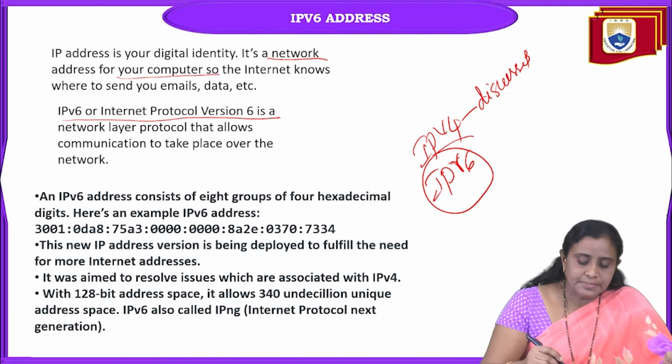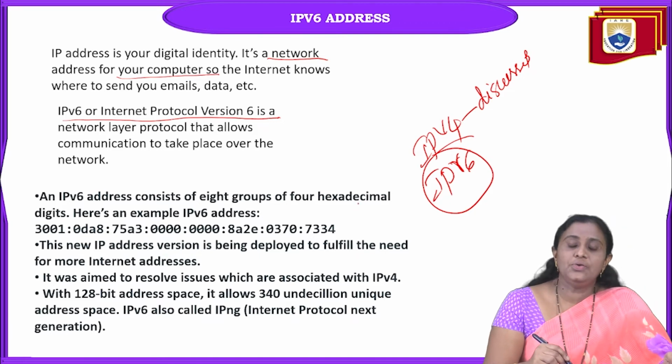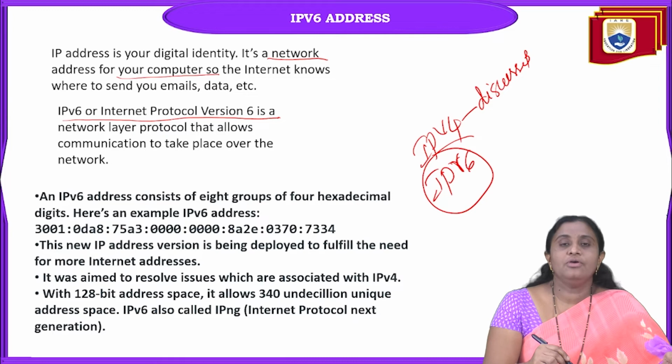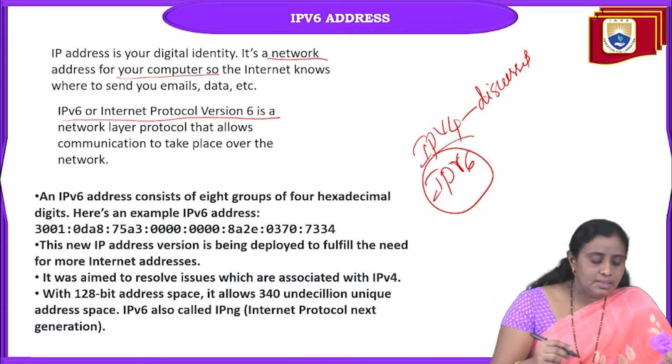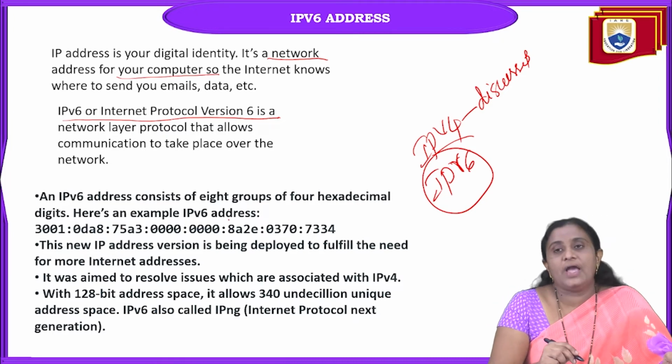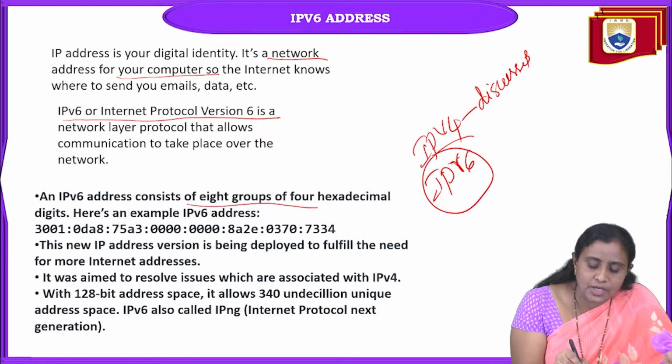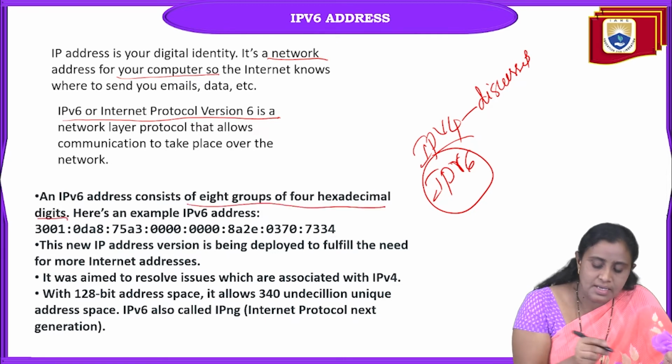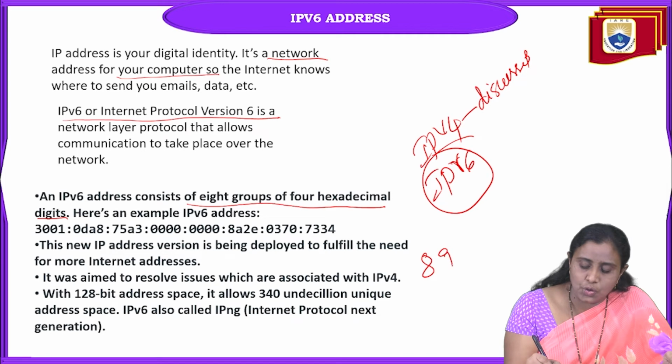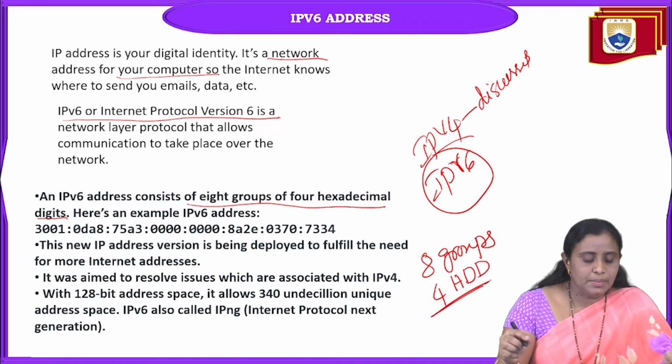So coming to this, one of the points we need to discuss, some of the points under the IPv6 addresses. The IPv6 address consists of 8 groups of 4 hexadecimal digits.